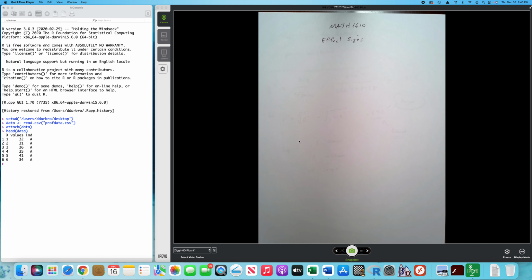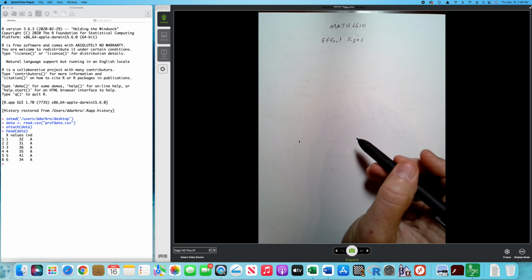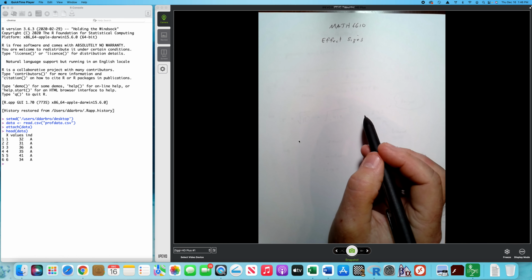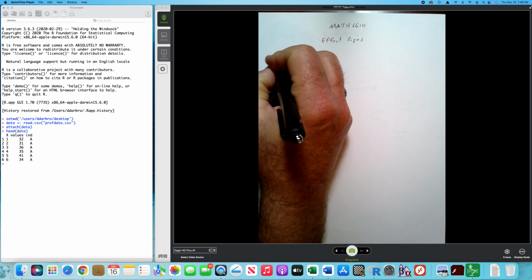All right, effect sizes take on kind of an interesting dilemma here. I'm going to demonstrate one to you, and I'm going to tell you that we're not going to use that one because of certain reasons. So the first effect size I want you to think about is leading up to something called eta squared.